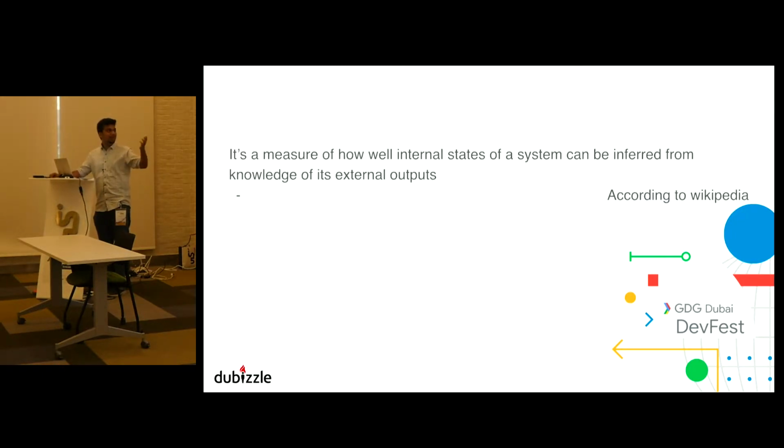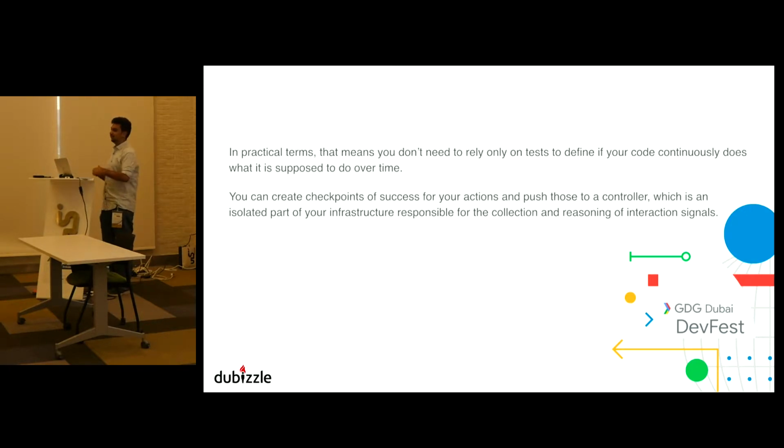According to Wikipedia, the definition of observability is a measure of how well the internal states of a system can be inferred from the knowledge of external output. In layman's terms, it means what you can do by collecting the behavior of your software and accumulating it to improve the user experience.